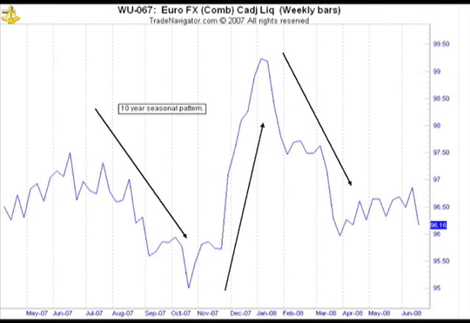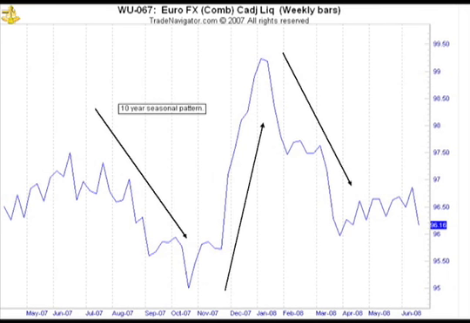Then we peak out, generally speaking, right around the first of the year. Generally speaking, it's the bottom of October, and then we have some interim, keyword here, interim peaks and valleys in the market. So it's important to look at what is the annual time period, more or less, that the market makes a low against the dollar, and what's the annual time frame the market makes a high against the dollar.